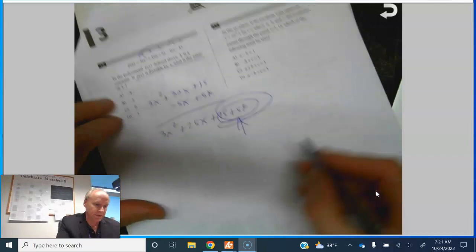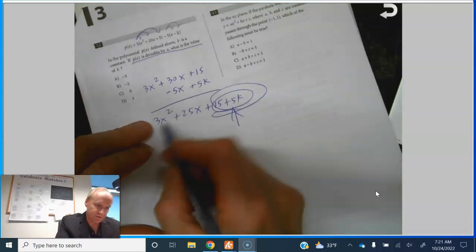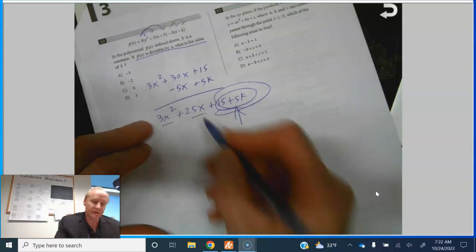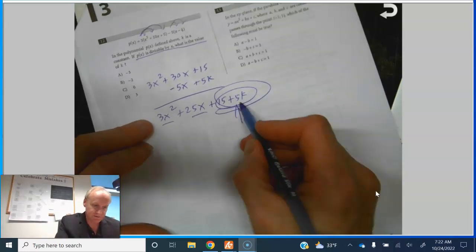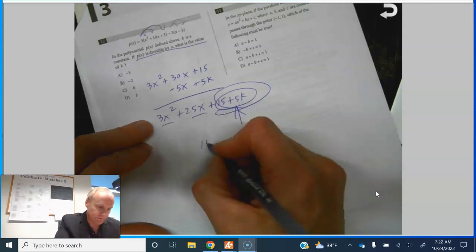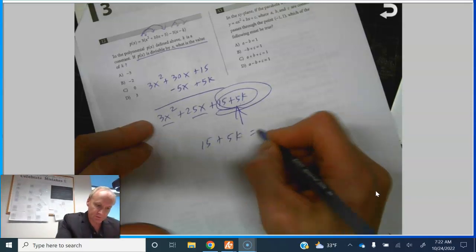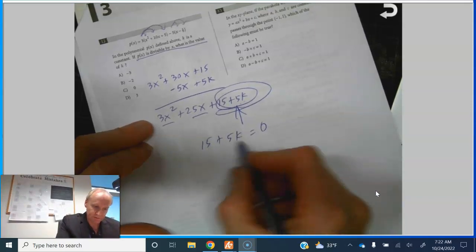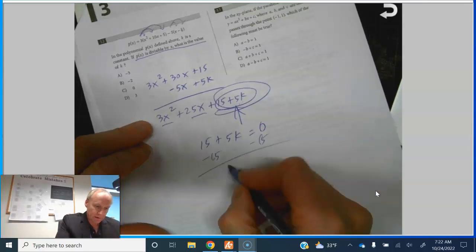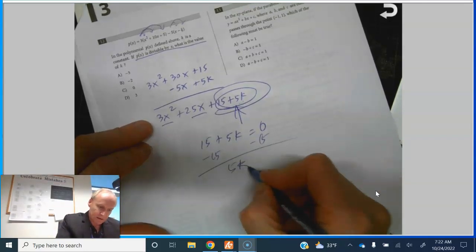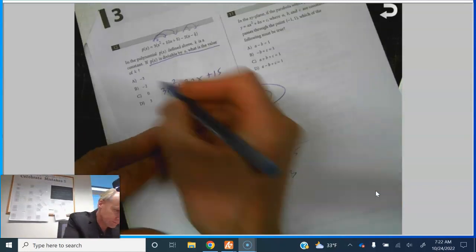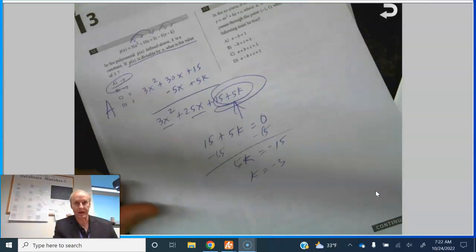Because we want this to be divisible by x. So we want x to be in this equation with this equal to 0. So the only way that'll happen is if this is 0. So 15 plus 5k is equal to 0. You solve by subtracting 15. 5k is equal to negative 15. We divide by 5, and you get k equals negative 3. A is the only answer for that one.